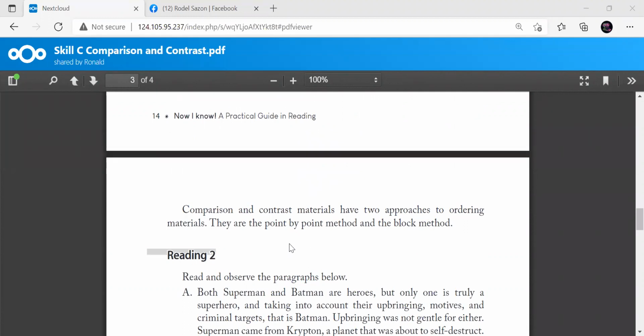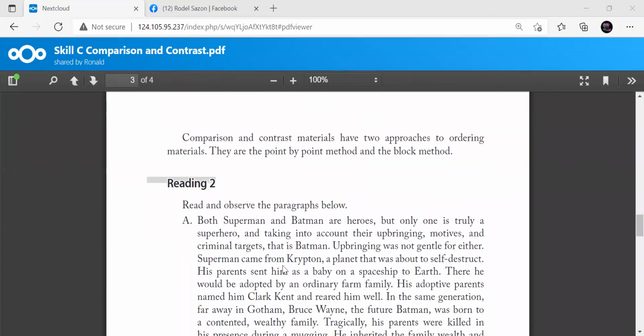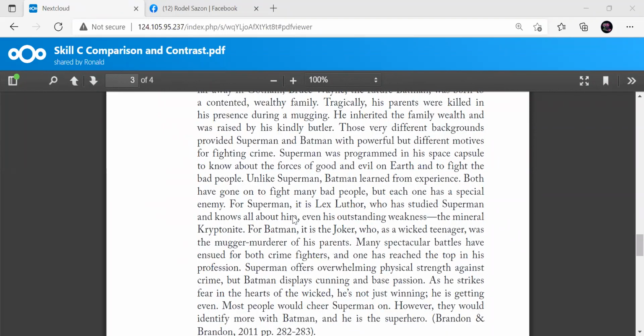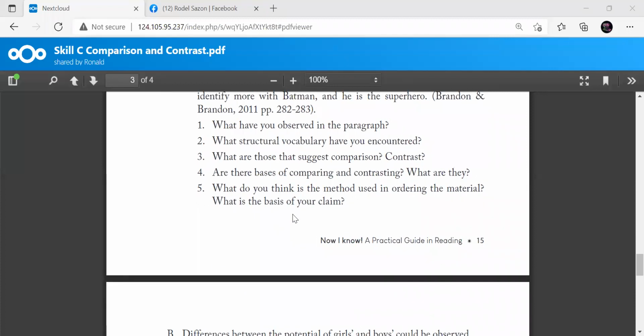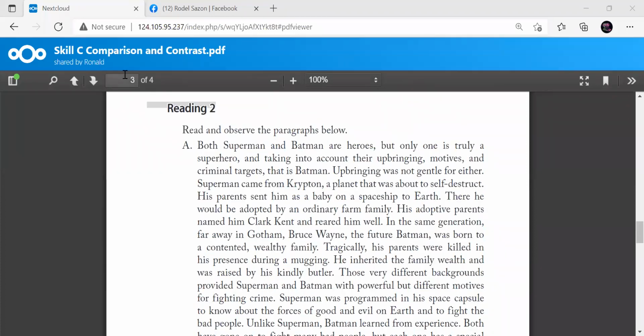So they have two approaches, which we described earlier: the point by point and block method. We'd like to read the example here. Example 8. Anybody?